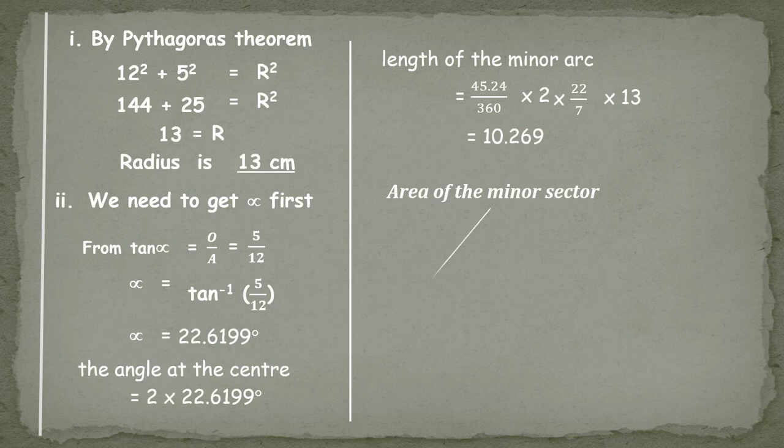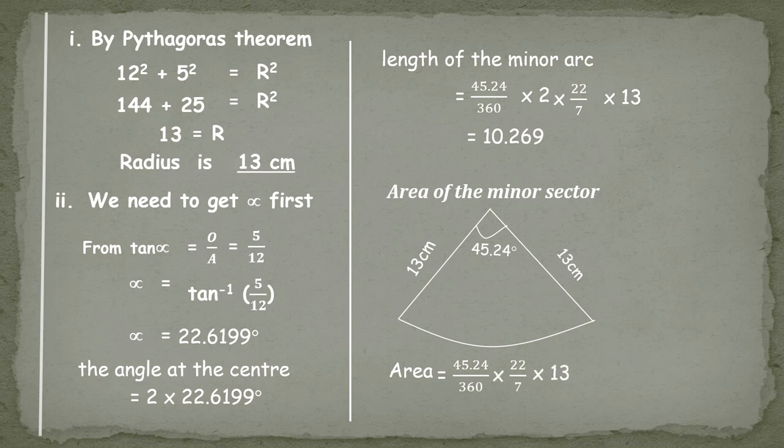Now area of the minor sector, if I extract that, I have the angle 45.24 degrees, this angle here. I have the radius at 13 centimeters. So I now run the substitution: theta, in this case 45.24 out of 360, times pi r squared.